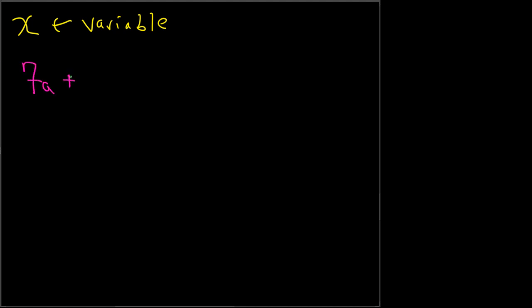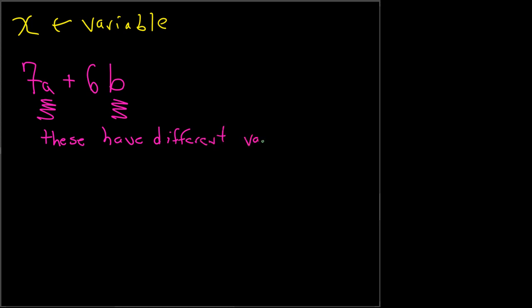What we want to look at is 7a plus 6b. Now notice the named portion is different. These have different variables. We can think about it as a is something, right? For right now, let's say a is apples.